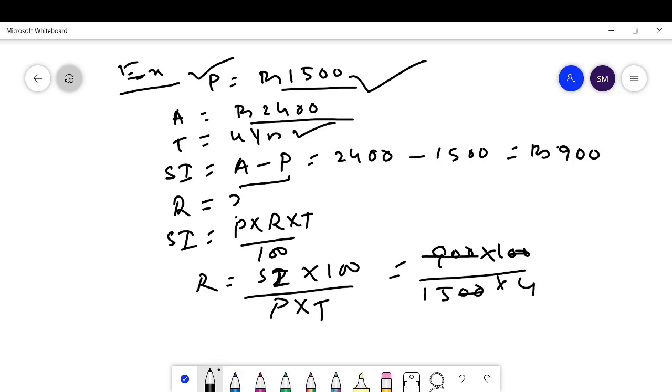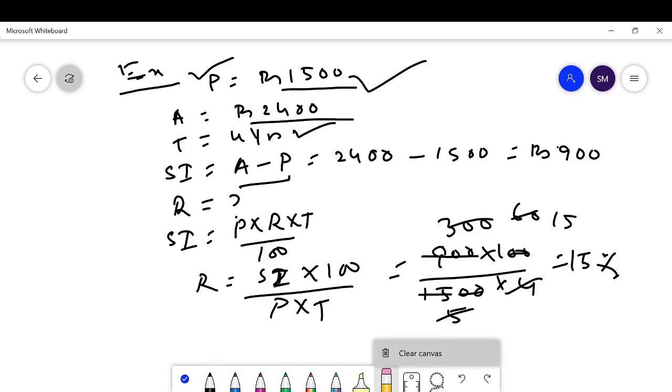Then 900 divided by 300 is 3, then this 5, then this is 60. Then it cuts by 15. Here the rate of interest is 15%.